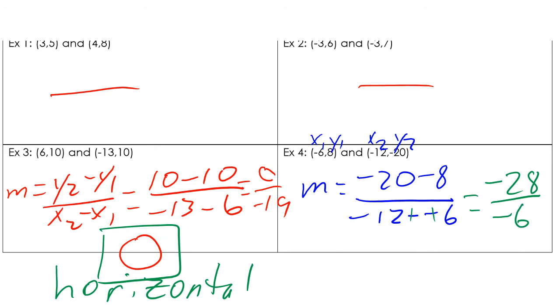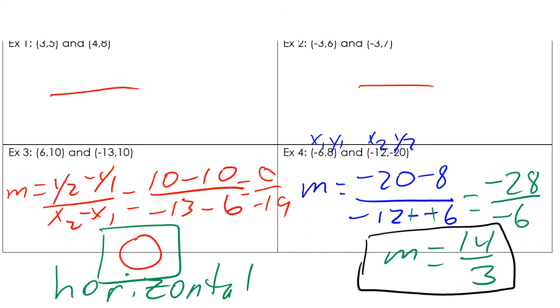I always have to reduce my fractions. What goes into negative 28 and negative 6? I can divide them both by negative 2, and I will get m is equal to 14 over 3. That's the slope of the line that goes through those 2 points.